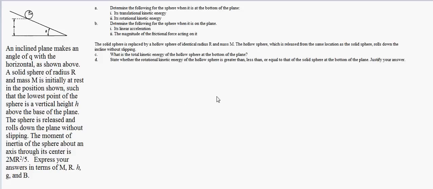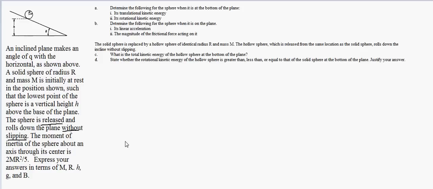Here's another problem dealing with inertia and energy. So you have a ball or a sphere rolling down an incline. We know that it is released, so there is no speed at the beginning, and it's rolling down the plane without slipping.